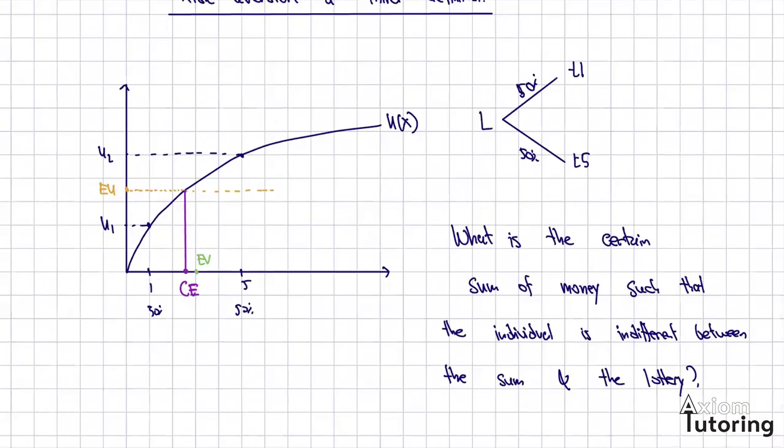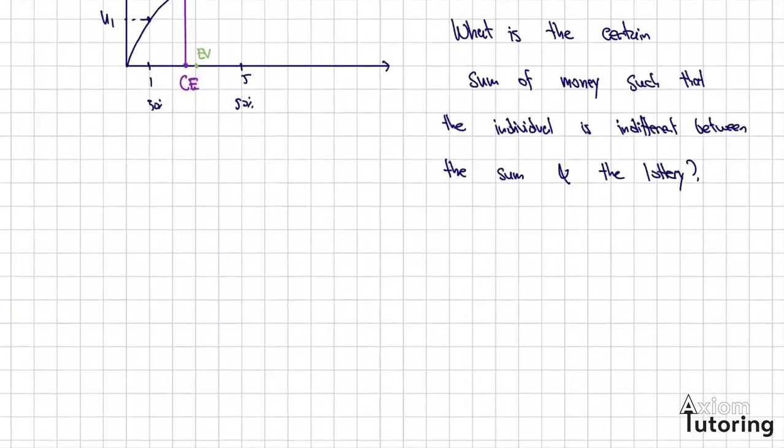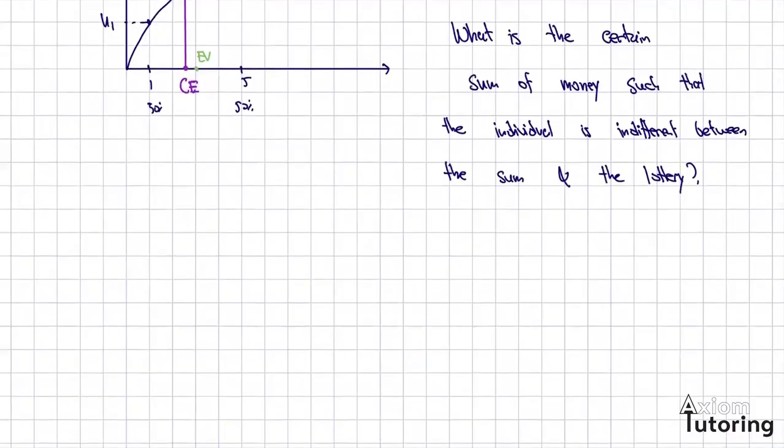So, now with that, we have established our third equivalent definition of a risk-averse individual. A risk-averse individual has a certainty equivalent which is less than or equal to the expected value of any lottery, or equal if you have what we call a degenerate lottery, which doesn't have any uncertainty.